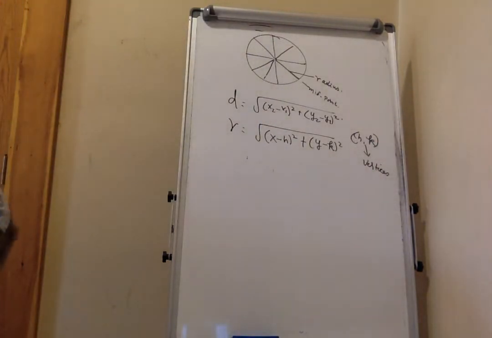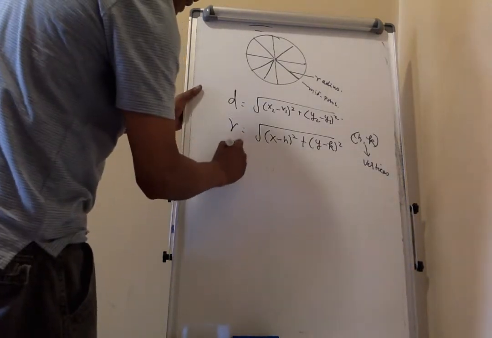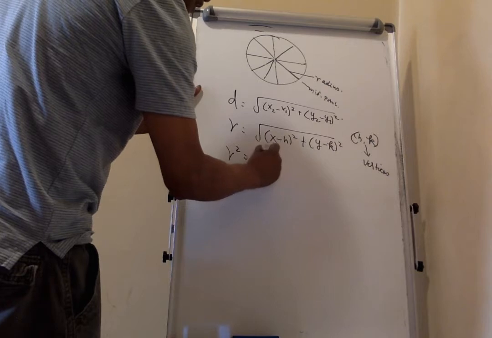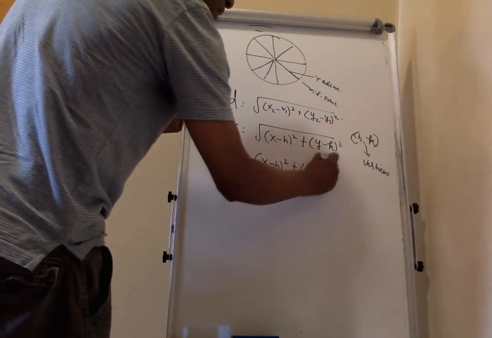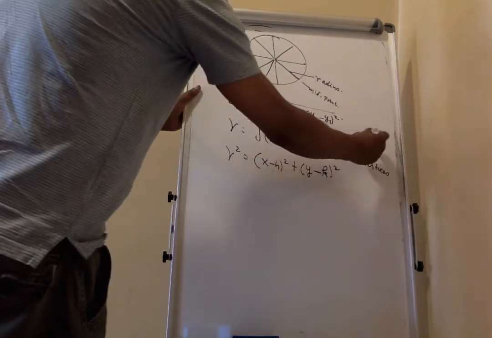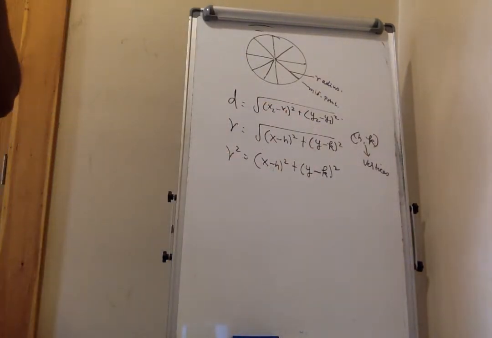And then the radius squared would be x minus h squared plus y minus k squared, and h and k are the vertices.